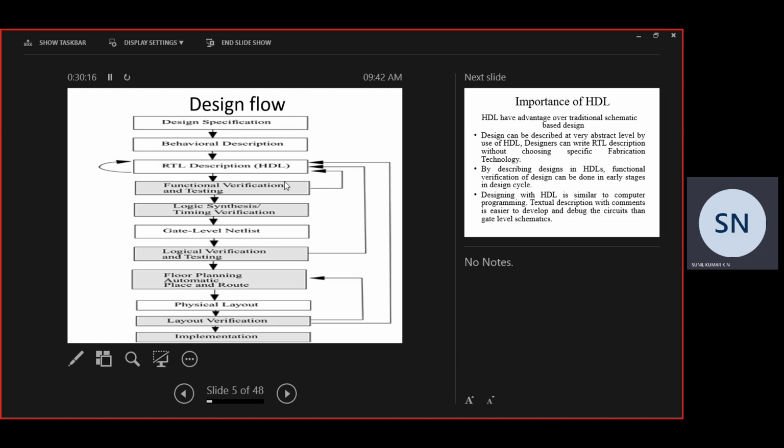Here I am going to establish one connection between this transistor and this transistor. I should name it, so I am giving the connection between the N1 source and N2 drain as Z.